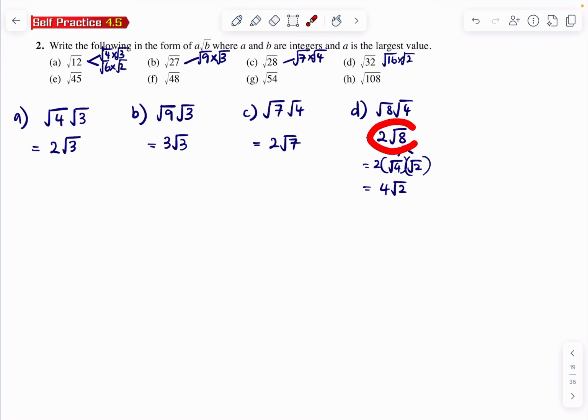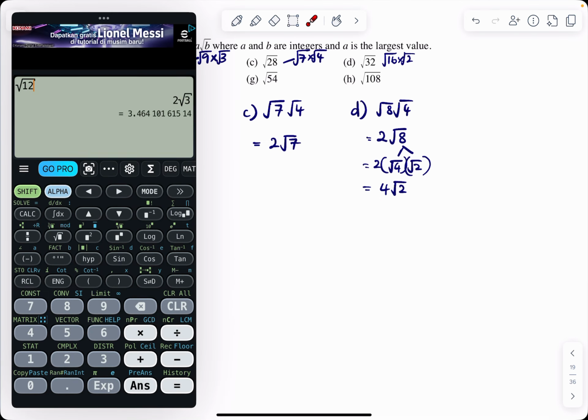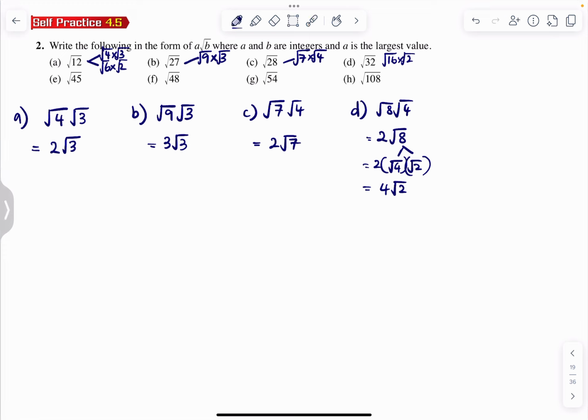So this answer will not be accepted, because when we can get 4, 2 will not be accepted. 4 is bigger than 2. So let's try putting this in the calculator. Your calculator will actually give you the biggest possible answer. Yeah, this one. Calculator is your best friend. But unfortunately these questions won't come out in the exam, so it's just a practice.